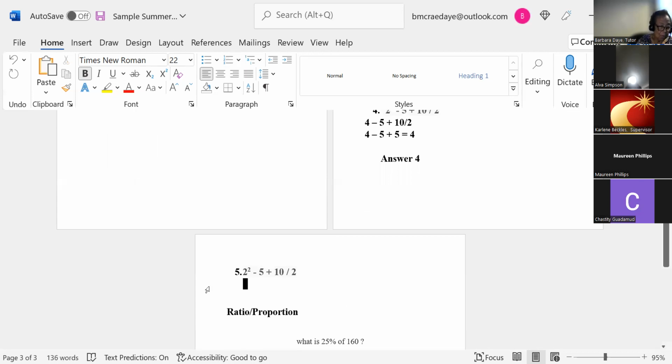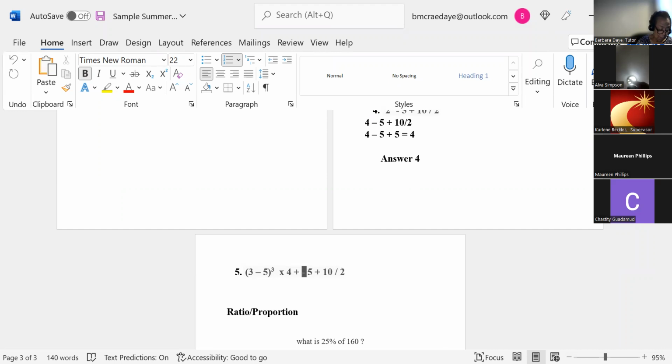And this will be 3 minus 5, and this would be 3. Okay, this is a multiplication times 4.